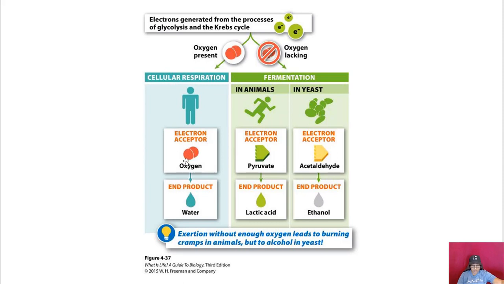Because our electron acceptor in the electron transport chain is oxygen. But when there is no oxygen, then we can actually use pyruvate. But when we use pyruvate, which means we can't use this step, we have to just use the pyruvate step, our end product is going to be lactic acid.